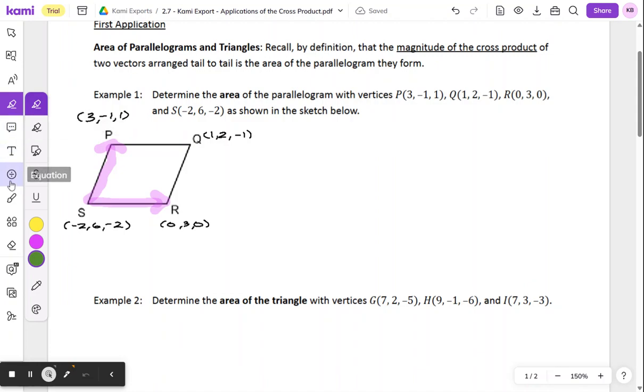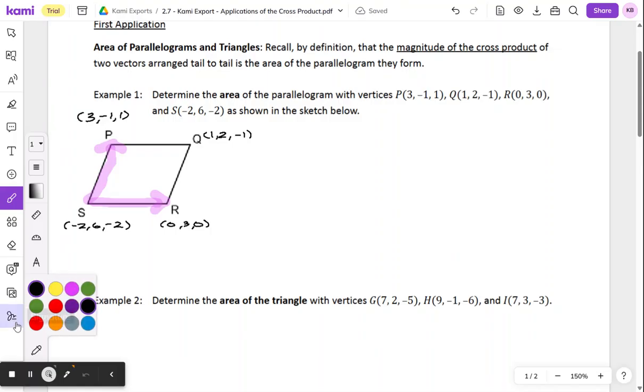All right. So notice, because I am using only these two sides of the parallelogram, I'm not actually even going to need to use vertex Q in my calculation.